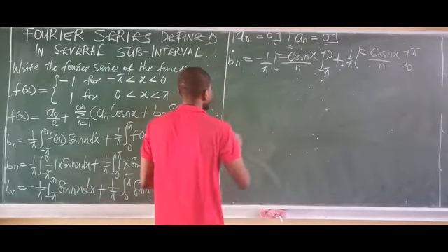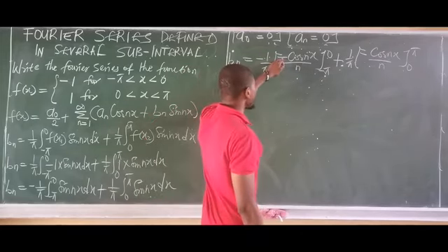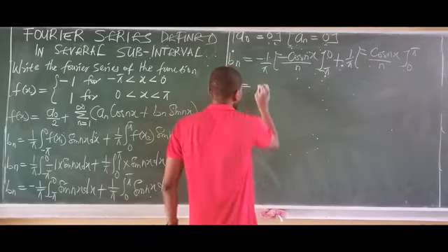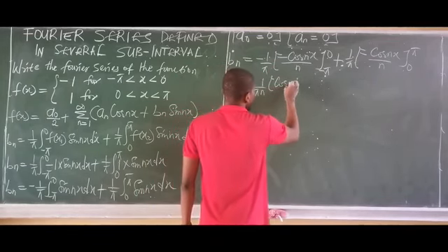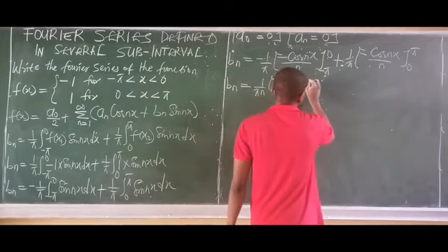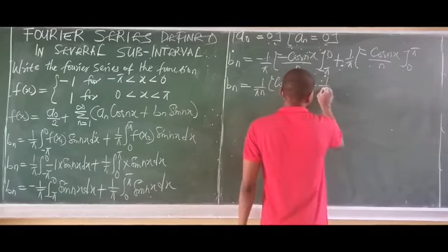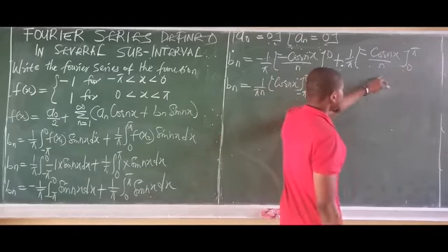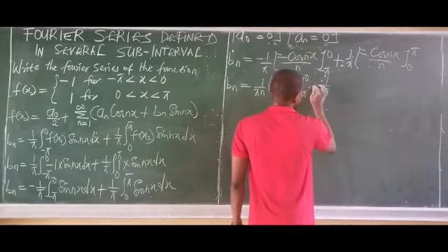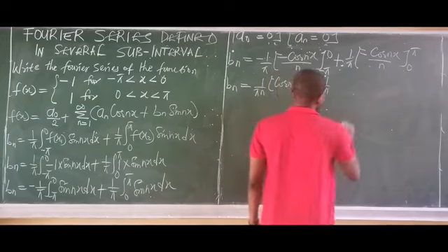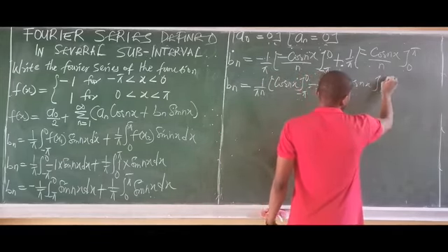So from here, bn is equal to, minus times minus becomes plus. I can simply factor n out. This is now 1 all over pi n into cos nx from minus pi to 0, plus 1 over pi n, same thing, factoring n out, and of course this negative sign comes out, so this becomes minus 1 over pi n into cos nx from 0 to pi.